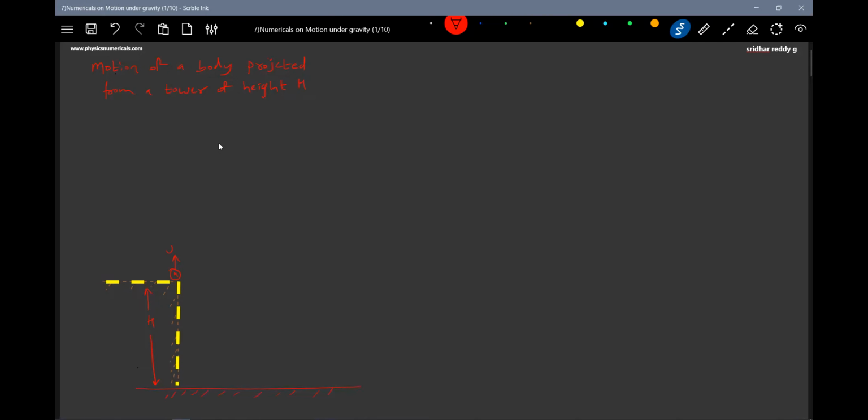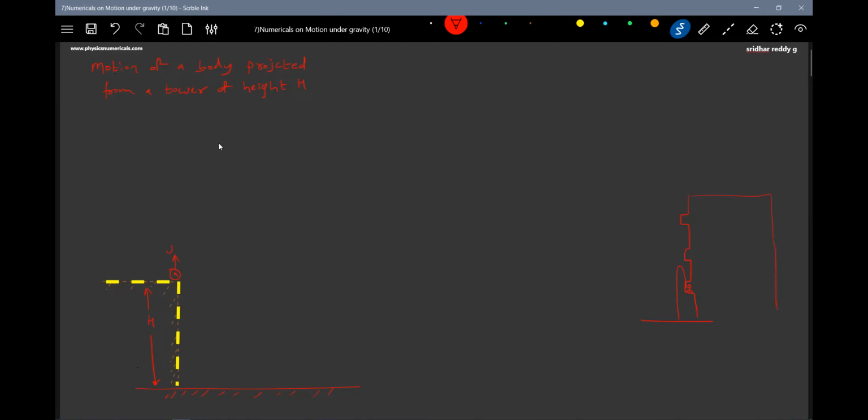Nowadays, in a building or apartment, you'll have a canopy here. So you stand here and throw a ball. Very simple, no?